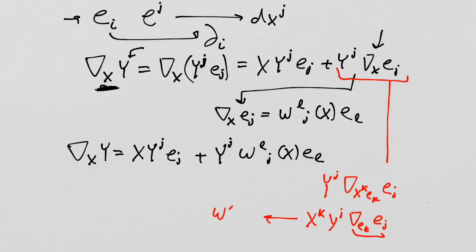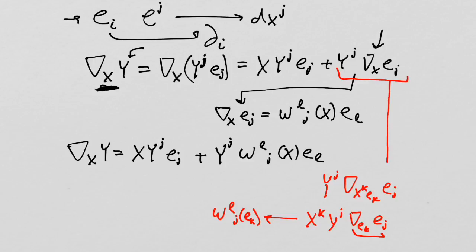We would have called it omega L J, E, K, right? Which is pretty obvious. The vector field X simply gets replaced with the basis vector field, and x^k comes out in front. So we could have done that.